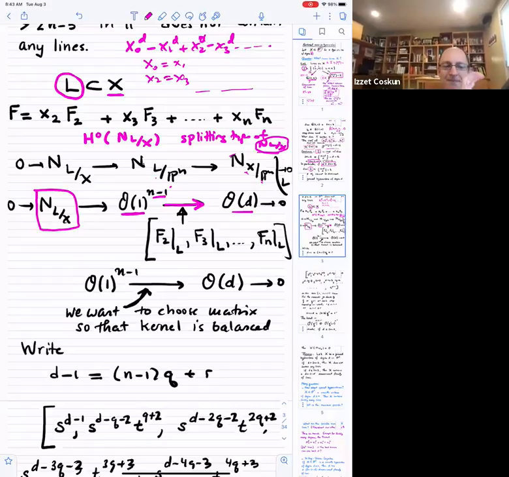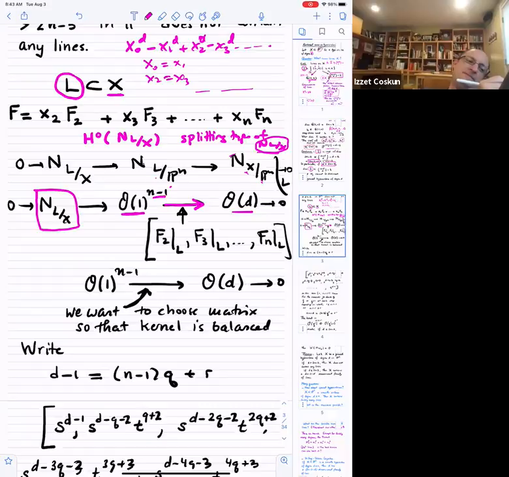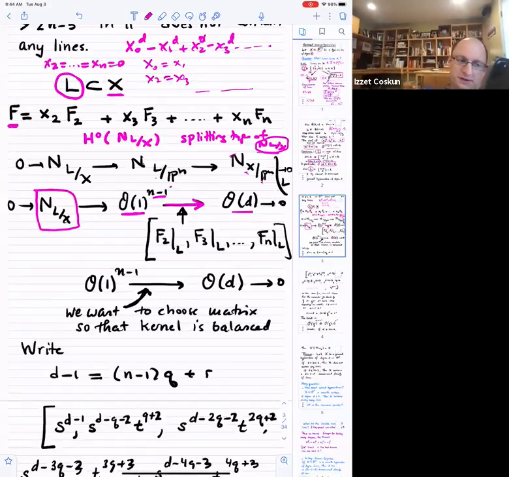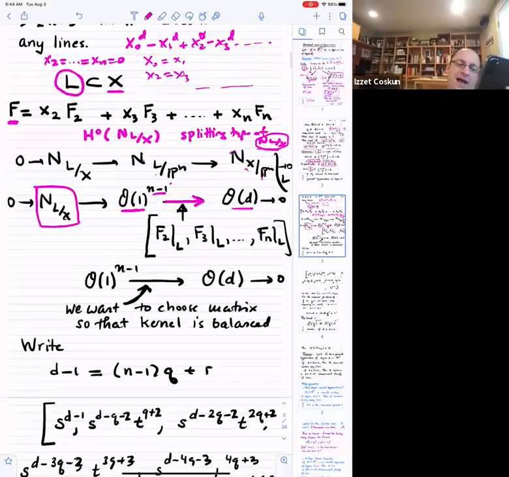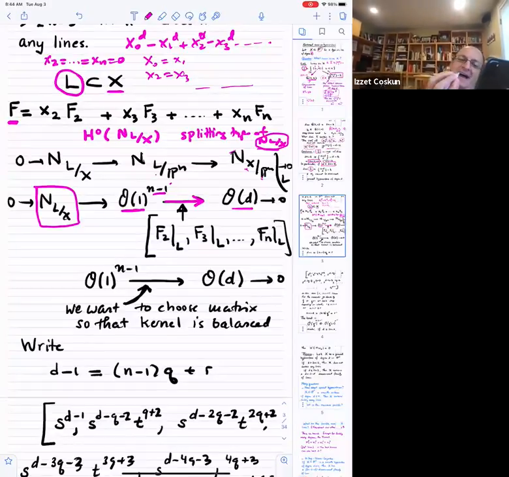This map is not that hard to understand. So let's write it down. Say that our line has equation x_0 through x_n equal to 0. Write your F as x_2 f_2 plus x_3 f_3 through x_n f_n.